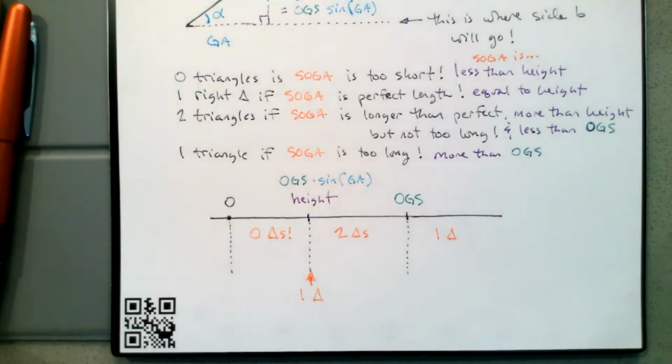Here's why we don't need to bother calculating the height of the triangle by taking the other given side and multiplying by the sine of the given angle, and also why we don't even need to bother figuring out how many triangles there are going to be. If we just assume that there might be 2 triangles, we can just proceed and the numbers will tell us what case we're in.